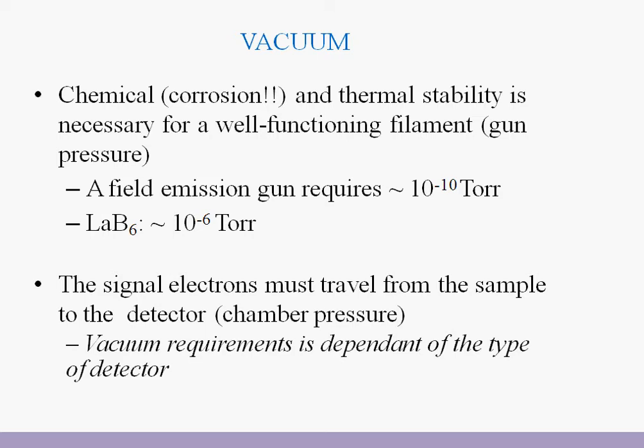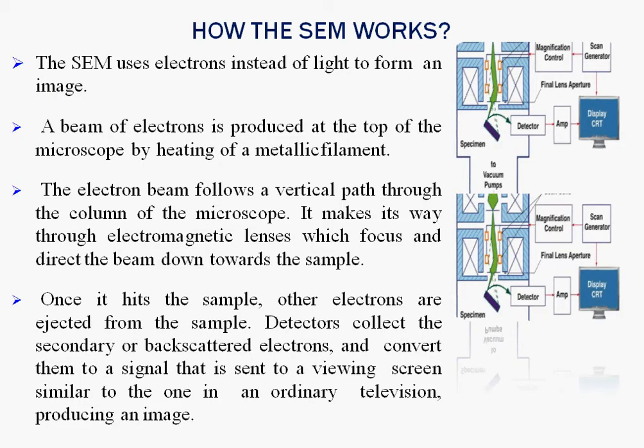The signal electrons must travel from the sample to the detector, which is called the chamber pressure. How much vacuum is required depends upon the different types of detectors.